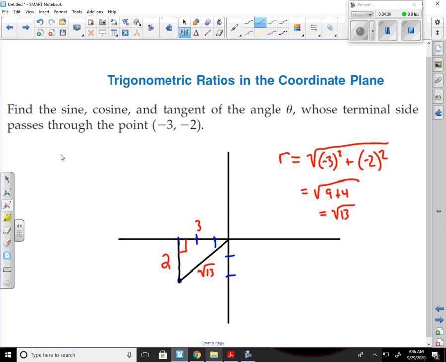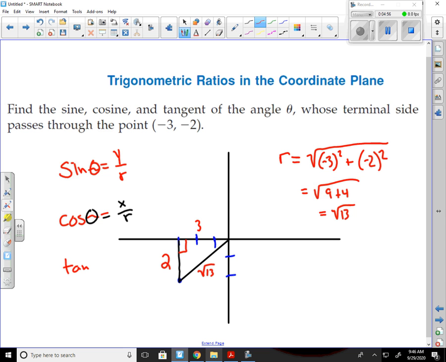Now I just need to use what I learned in the last part, which is sine theta equals my y over r. Cosine theta is equal to x over r.